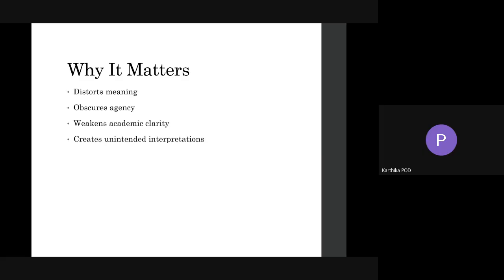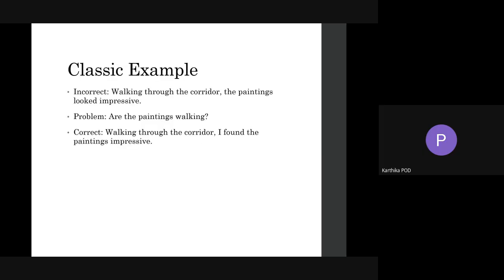And what happens is you misplace the subject, in which case this dangling modifier problem arises. So, like I said, it distorts meaning and creates unintended interpretations.